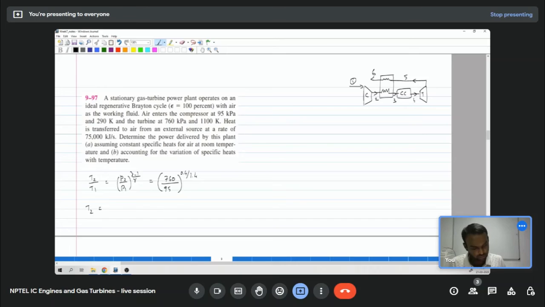T1 is known as 290 Kelvin. So this is 525.3 Kelvin.